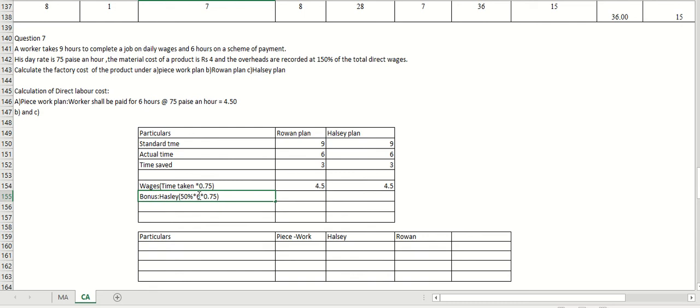The time saved is 3. So 0.75 into 3 into 50%, which you get as 1.12.